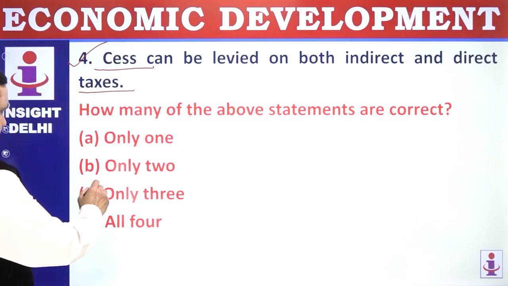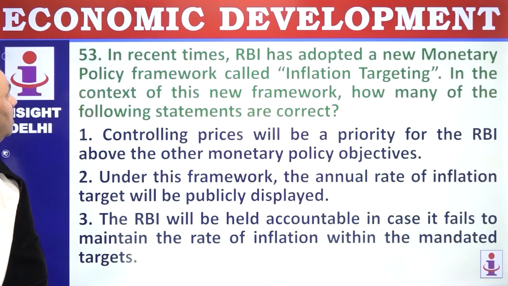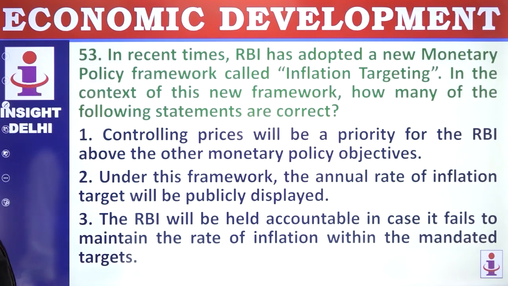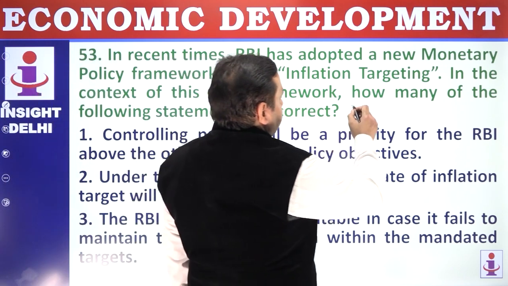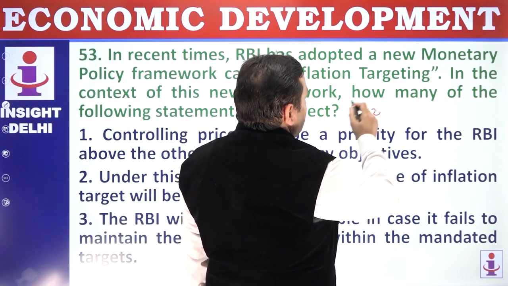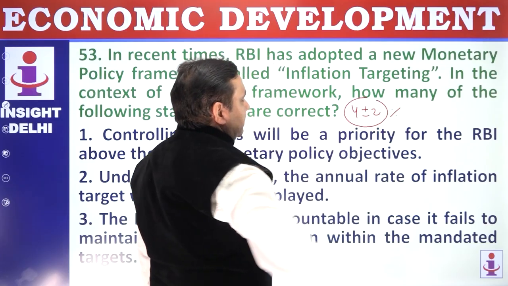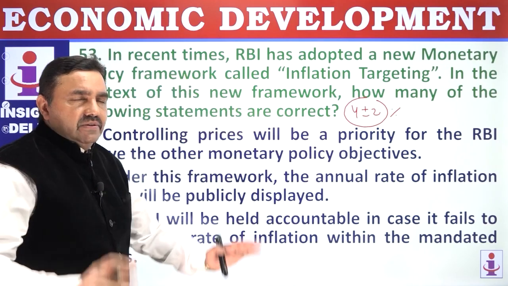3. In recent times, RBI has adopted a new monetary policy framework called inflation targeting. It means RBI has fixed a target of inflation of plus minus 2%. That is, minimum 2%, maximum 6%, should be the range of inflation.